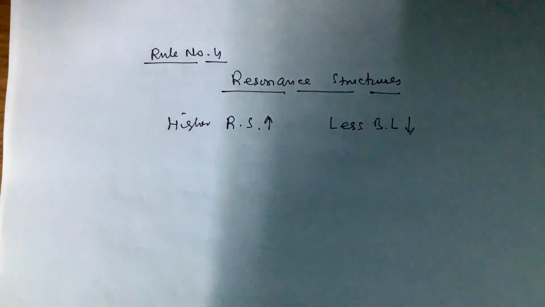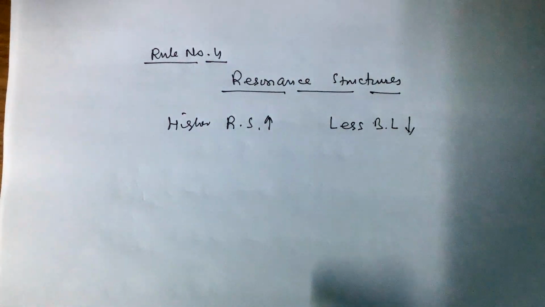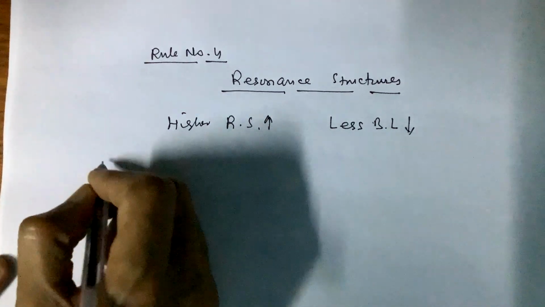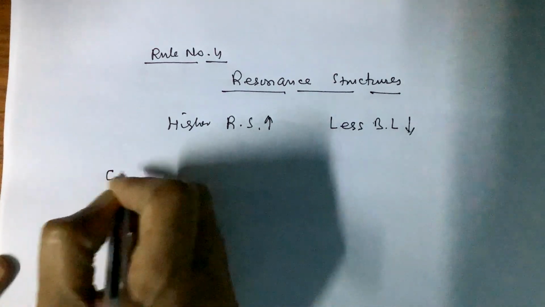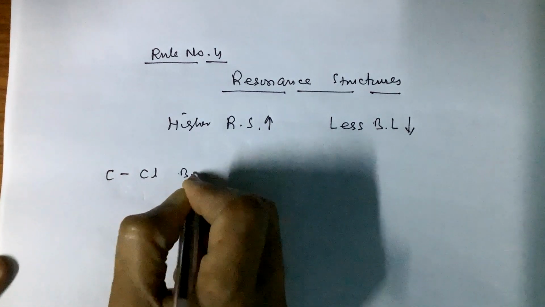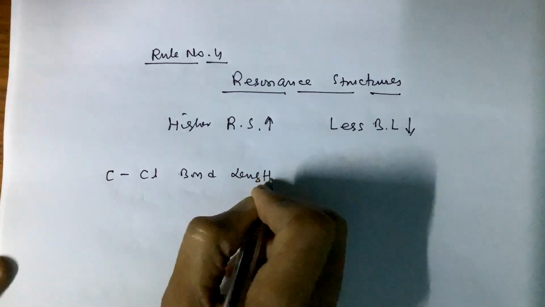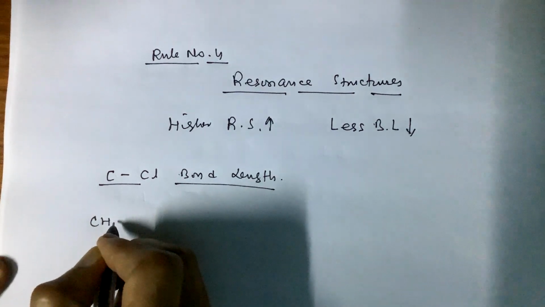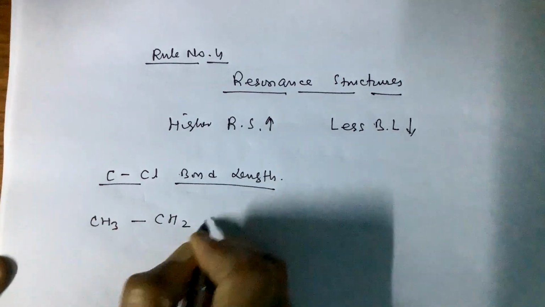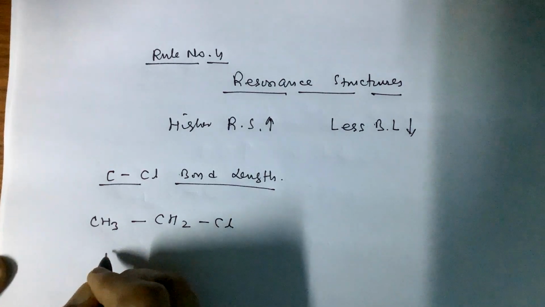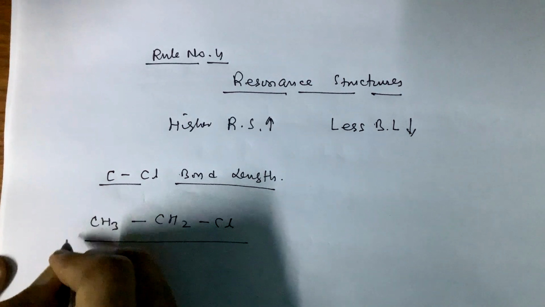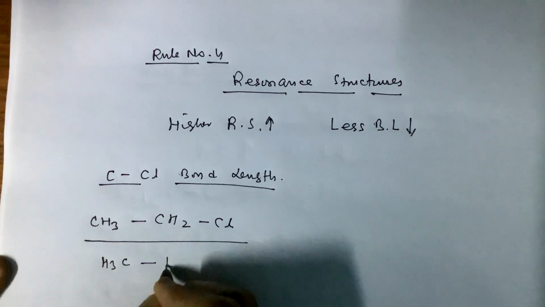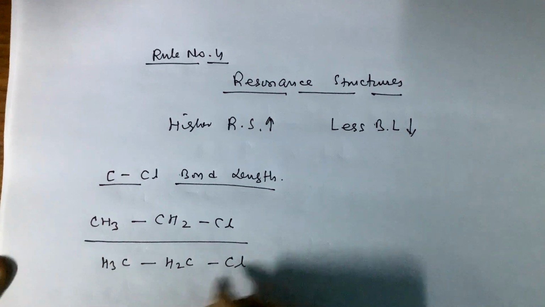So we compare the C-Cl bond length in CH3CH2Cl, which we can write as H3C-H2C-Cl.